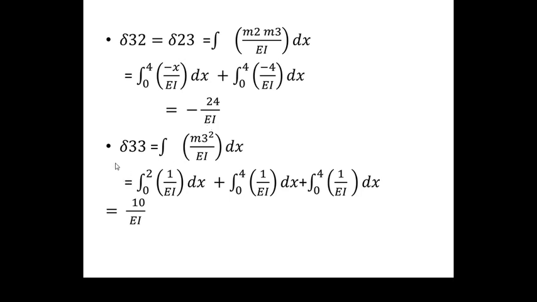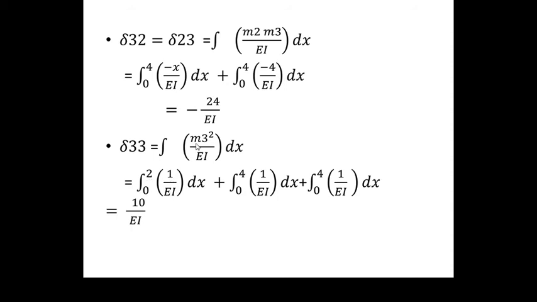Then similarly, we can calculate delta 33 is equal to the integration of m3 square divided by EI of dx, is equal to integration between 0 to 2, that is span DC, 1 by EI dx.